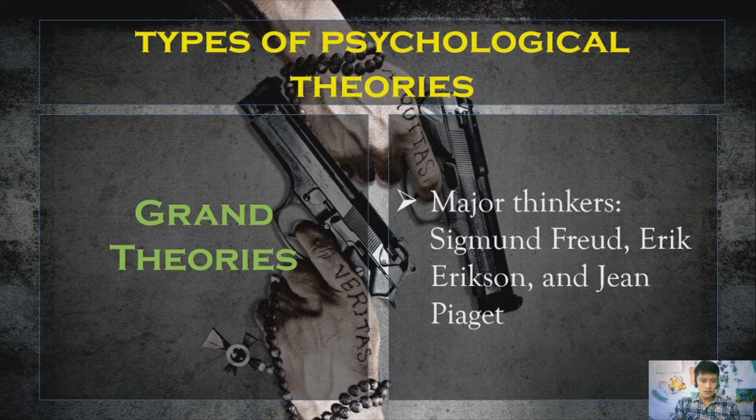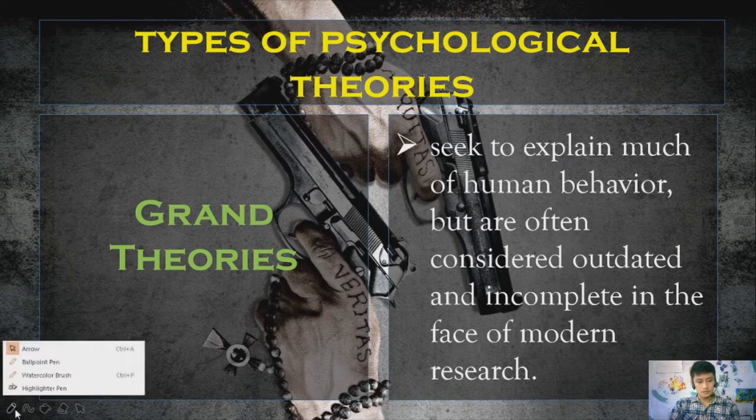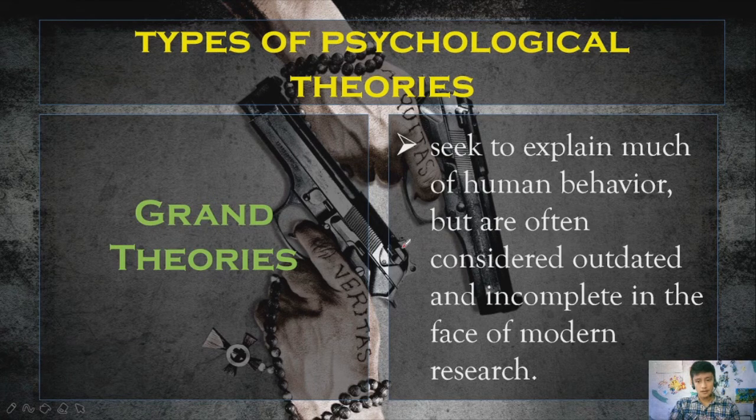And then, what exactly are grand theories? They seek to explain much of human behavior, and this is what makes them different from the others, but they are often considered outdated. By the keyword grand, it means it is a theory that was advocated for a long time.